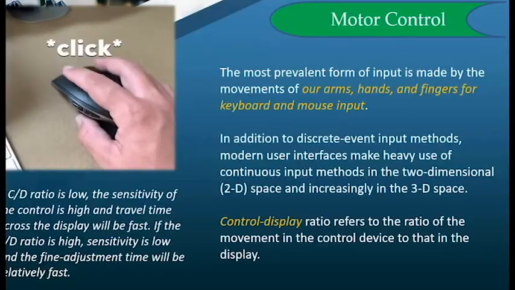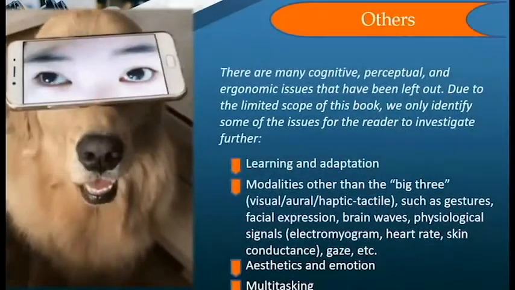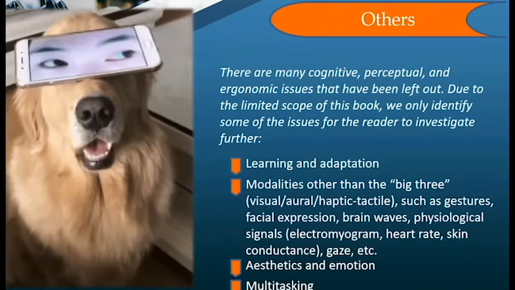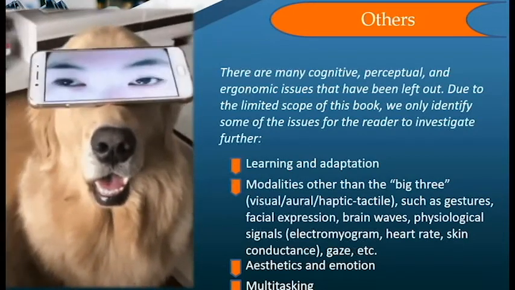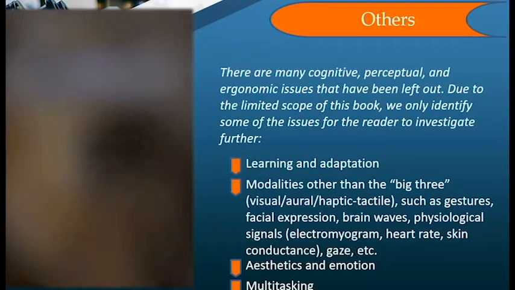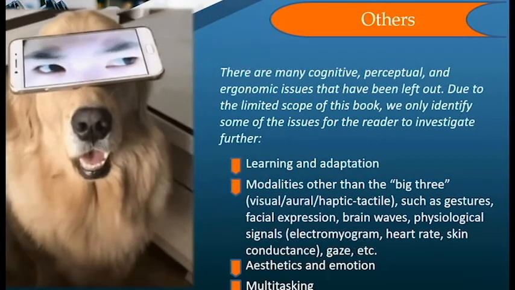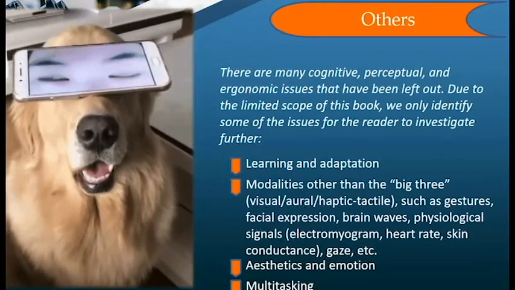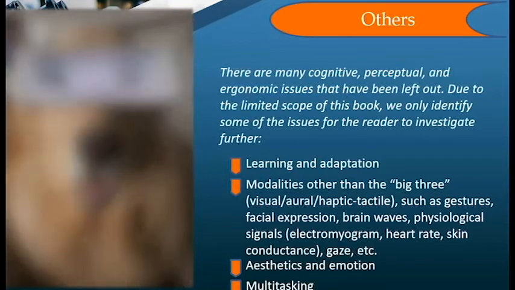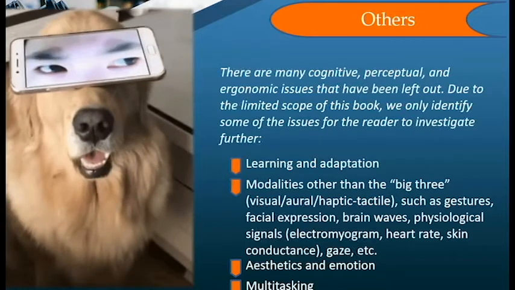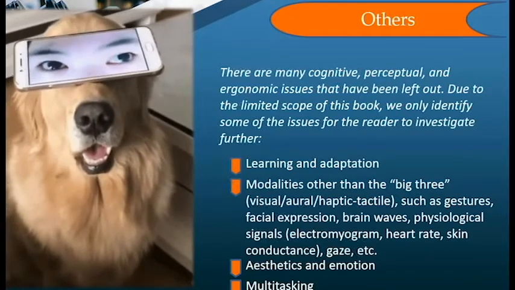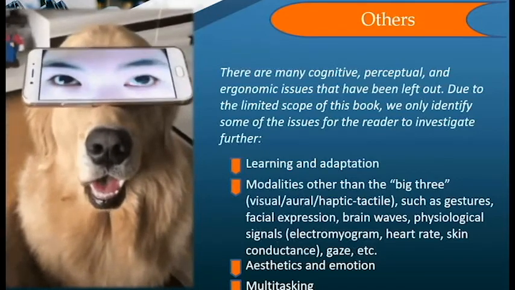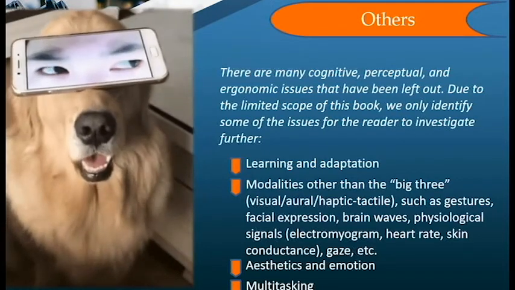Then okay, we're on the last of the human factors. We have already learned the first, human information processing, then sensation and perception, and then human body ergonomics, and we also have other human factors.